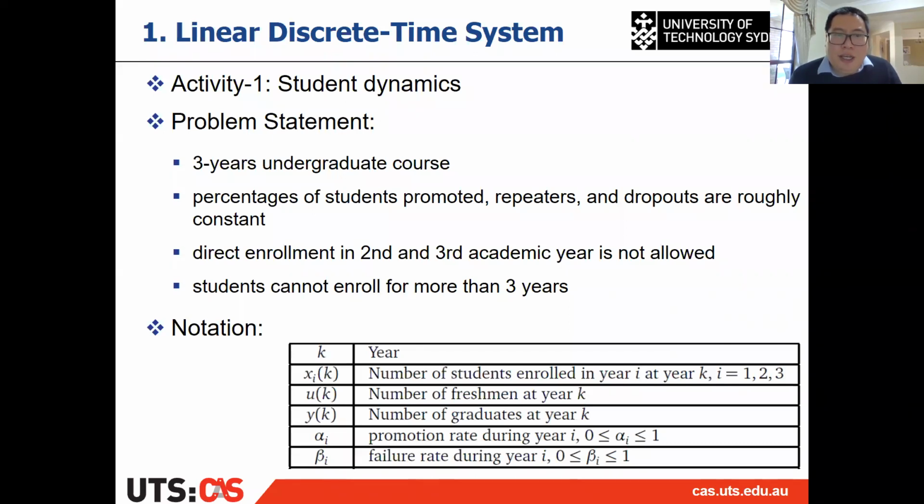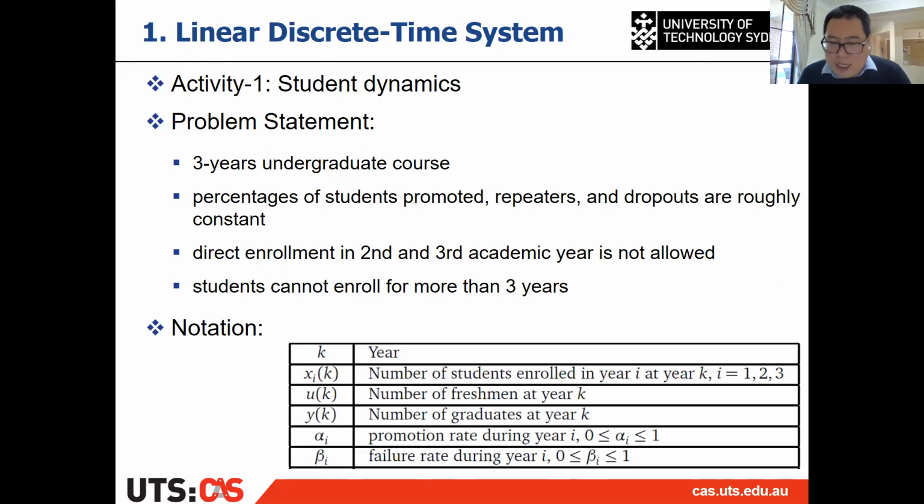So the percentages of students promoted, repeaters, and drop-offs are roughly constant, or you can consider them as constant. And direct enrollment in second and third academic year is not allowed. And the students cannot enroll for more than 3 years. So those are the statements. And also I gave the notation already.